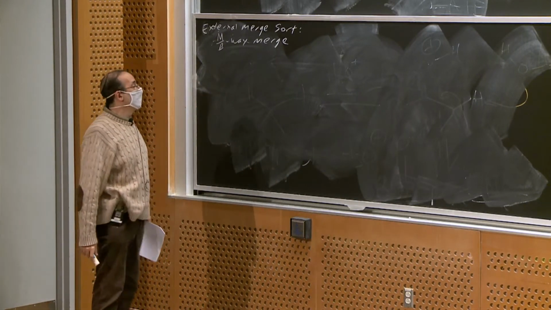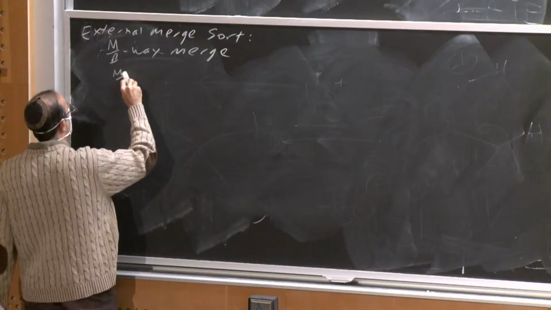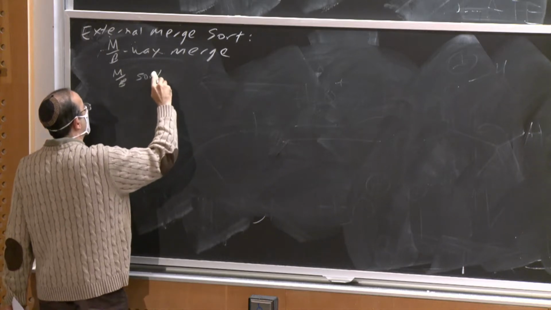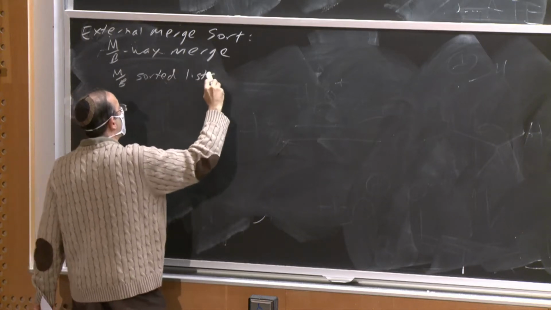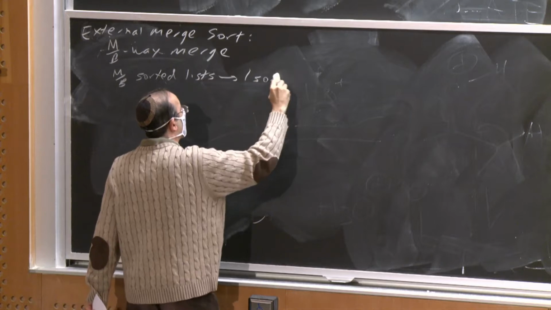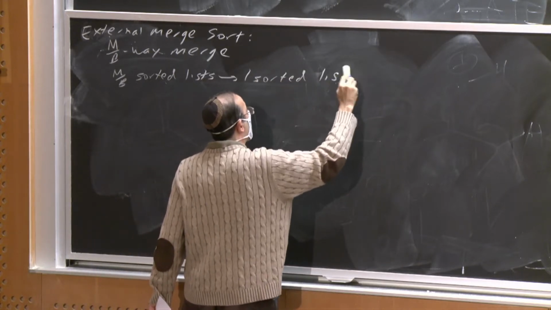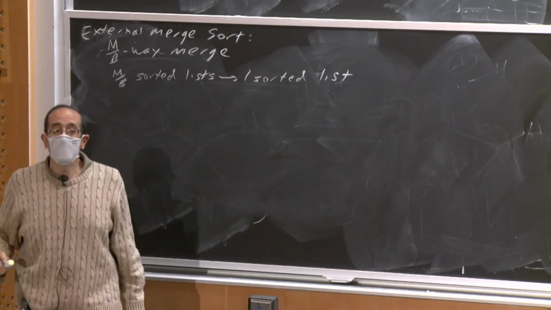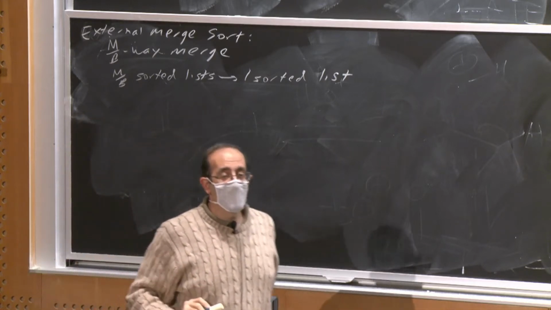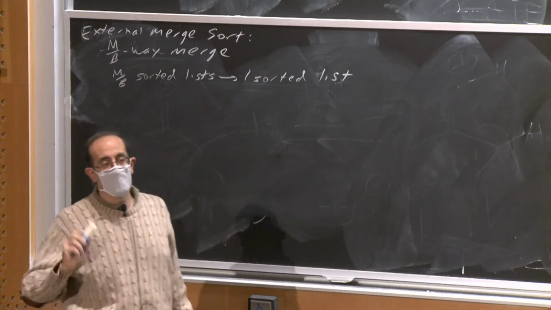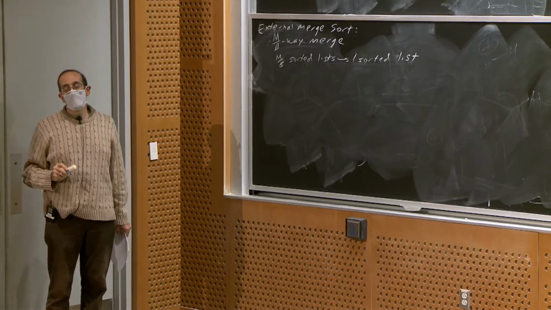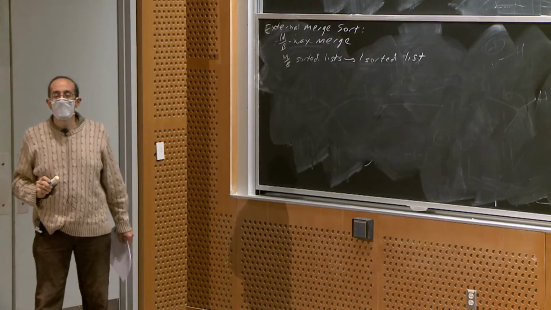So it takes m over b lists in, and it does that quickly. So why m over b, and how do we do an m over b way merge? Those both have the same answer.